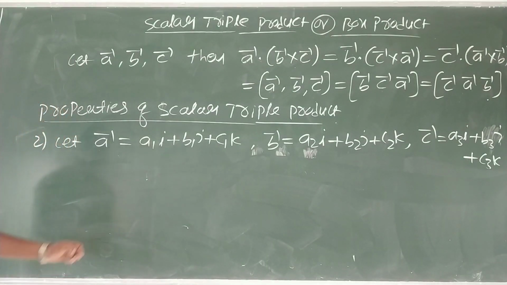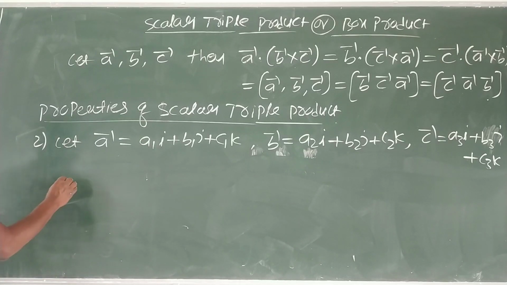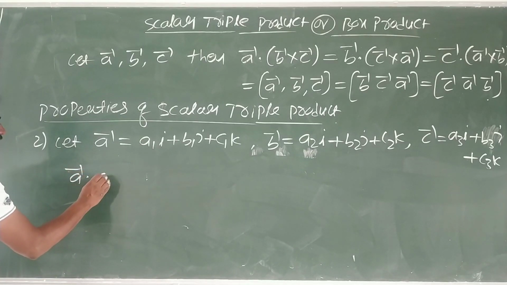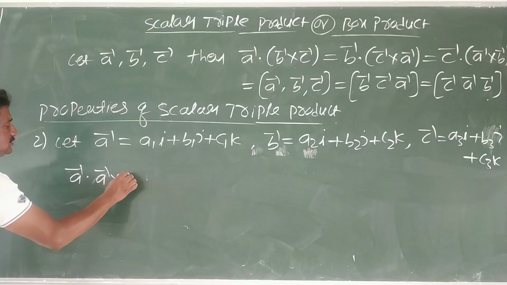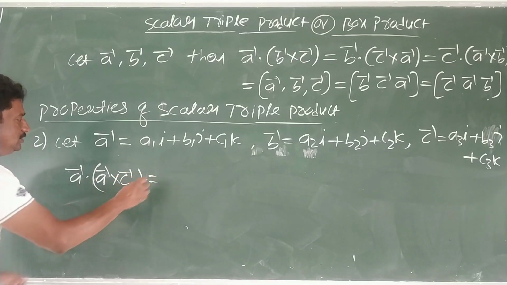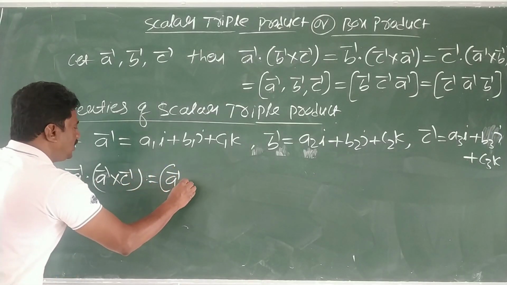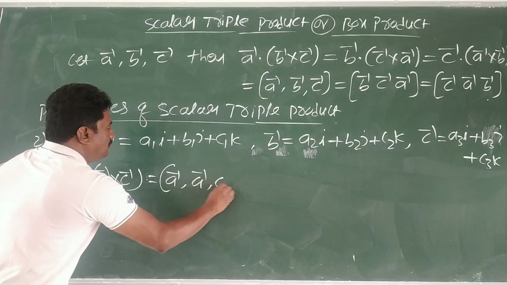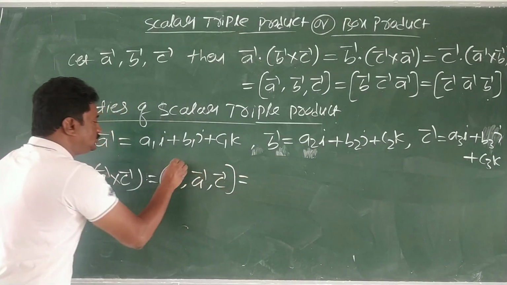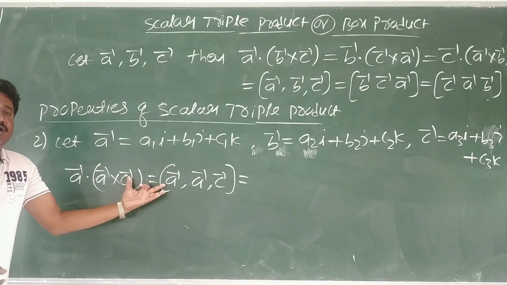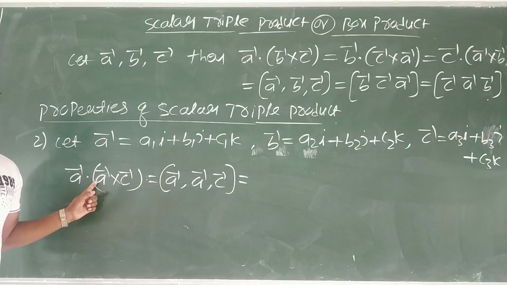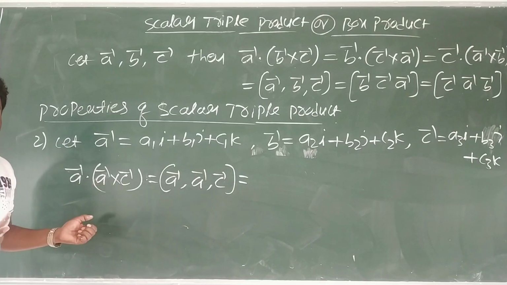You look at this, students. A dot A cross C. So how do you write this in the box? Box A, A, comma C. Look at this, students. In this box product, a vector is repeated twice. Let me see what happens.